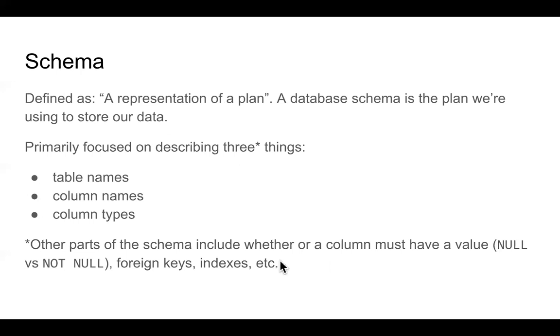And then there are other aspects to building a schema. There are constraints, which we'll learn about later, like null versus not null, and indexes and things. But this is kind of the core of your schema. What are my tables? What columns do I have in those tables? What types of data can I put in those columns?